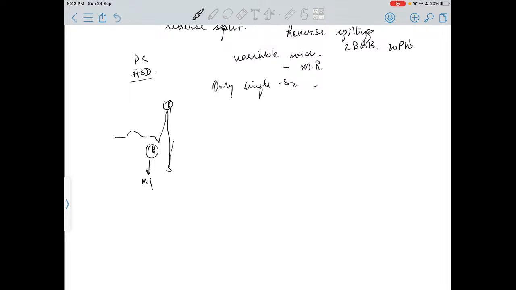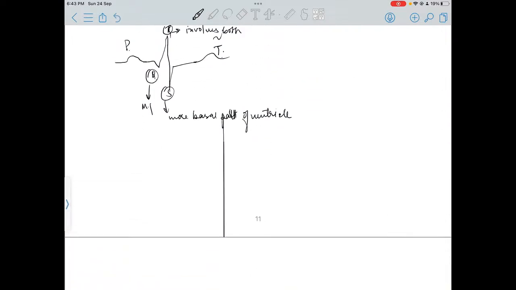Now the R wave involves both ventricles, and the S wave is a representation of excitation of the more basal part of the ventricle, and P wave is atrial depolarization. T wave is ventricular repolarization. It's positive, it's rounded, and at the end of it there's a closure of the semilunar valve.